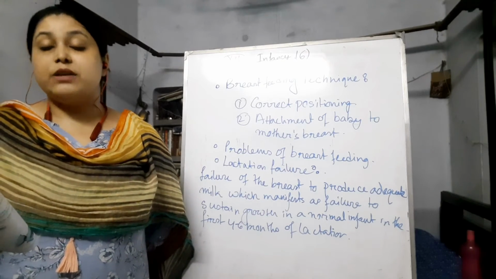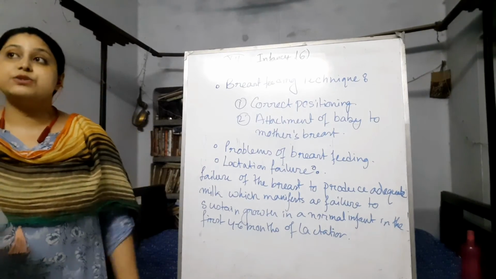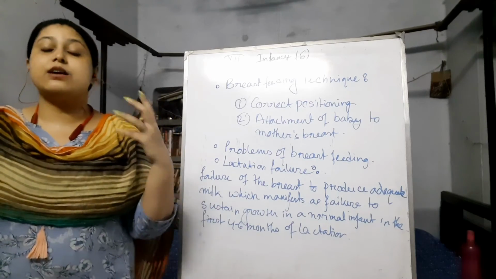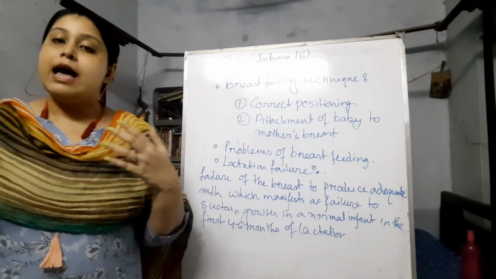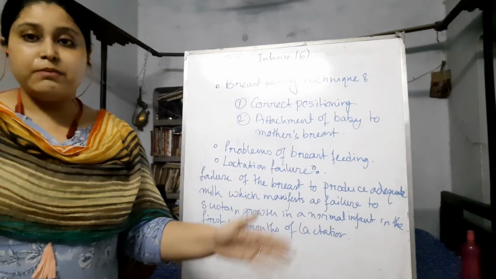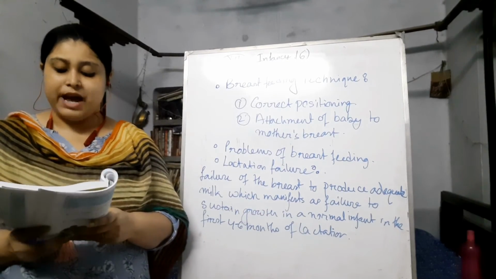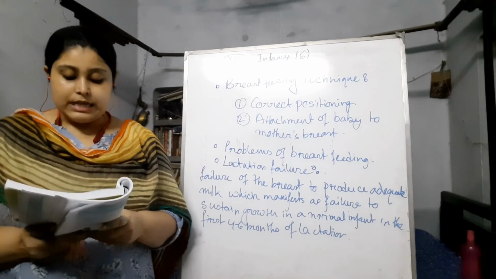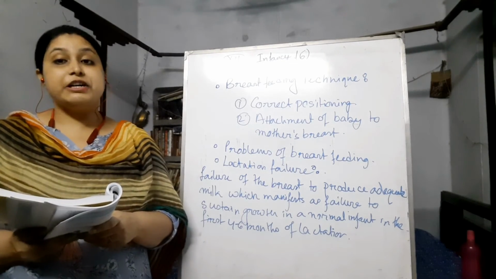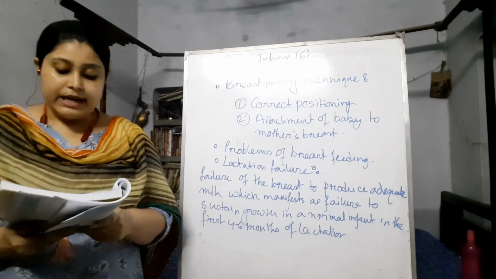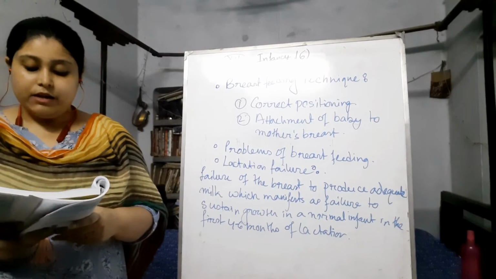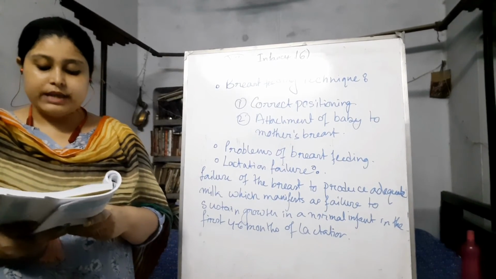Advertisements of commercial milk substitutes also matter. Sometimes they see advertisements that commercial milks are very good for the children, and so they shift to commercial milk without giving breast milk. Then there are cultural and religious practices and rituals, and the mother's concern for figure and shape. Next, feeding is considered socially inconvenient, as is having more than one baby.